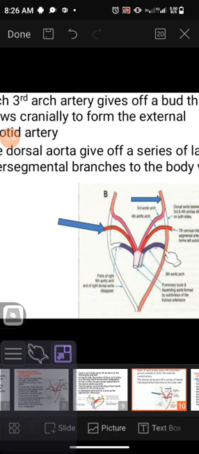This one remained patent. The portion between the point of attachment of the left aortic arch to the dorsal aorta and the branching off of the artery supplied to the lung bud would remain patent on the left side to form the ductus arteriosus, that is for bypass of blood. The blood is not going to the lungs, it bypasses the lungs, right ventricle into the what? Dorsal aorta.